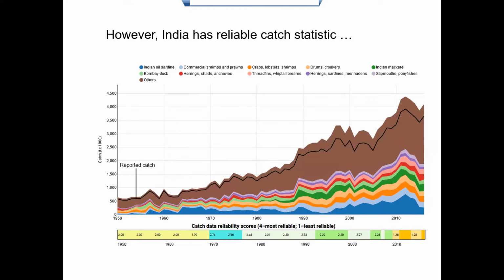The added catch is mainly discarded fish that is not used, and a few fisheries that are not taken into account officially. Other countries have much bigger correction, and the average correction for the world as a whole is 50%. So India is doing well in this context.